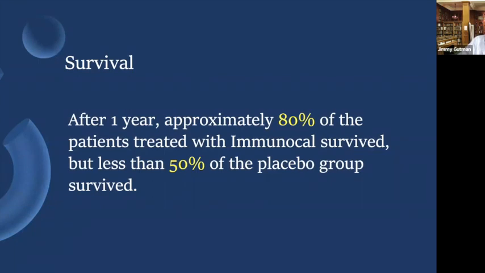About 80% of the patients treated with Immunocal were alive. Less than 50% of the patients who didn't get Immunocal, well, they had passed away. These are very, very encouraging numbers, and I'm calling out for more studies to further validate this.